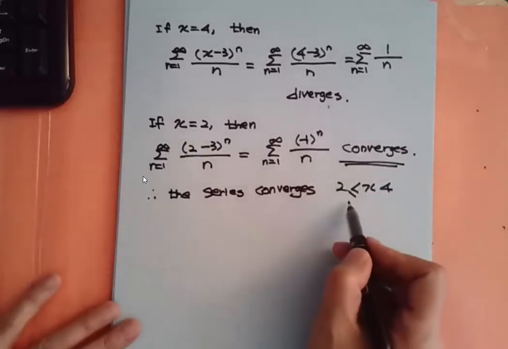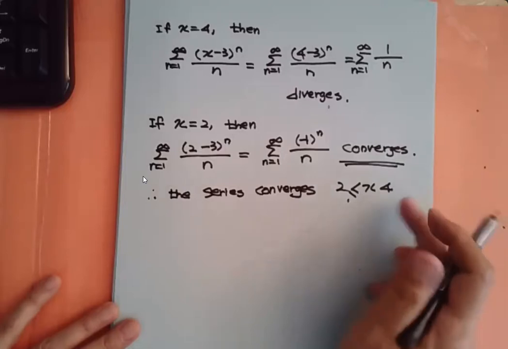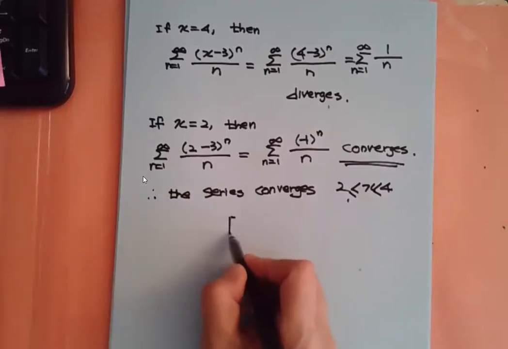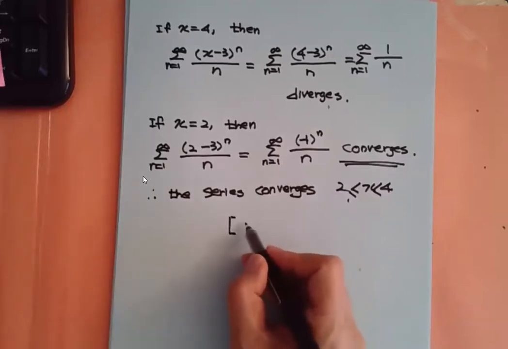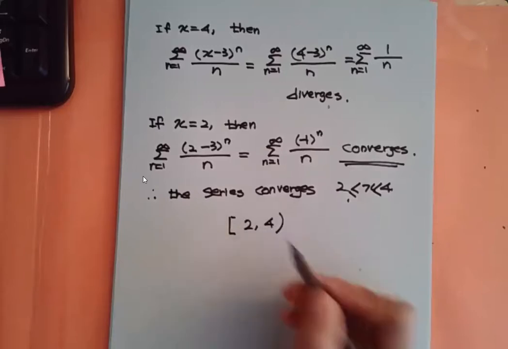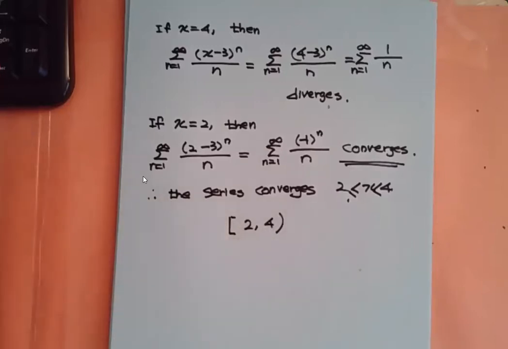And so we have to include this boundary, but we have to omit the boundary 4 in the interval. So if you want to present that as an interval, it is the closed bracket 2 to 4, open parenthesis. Any questions?